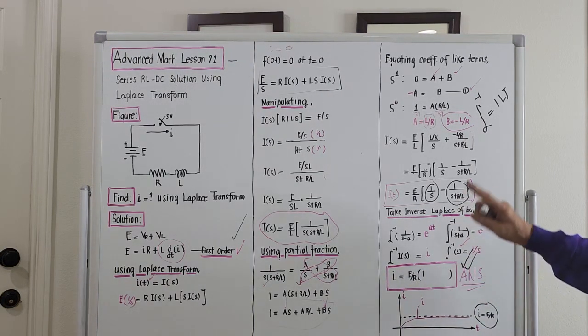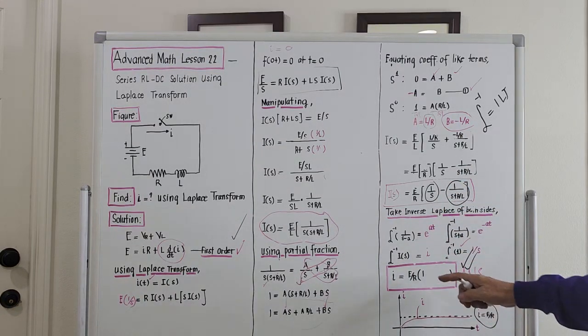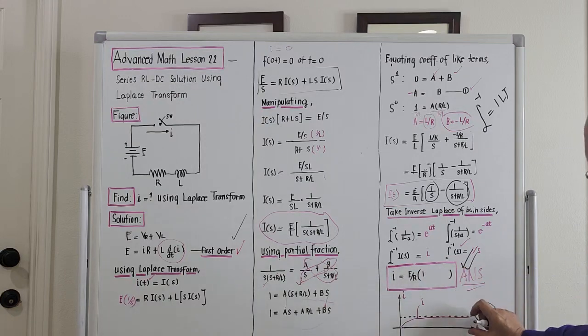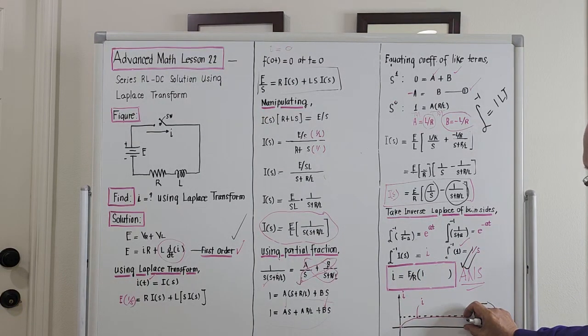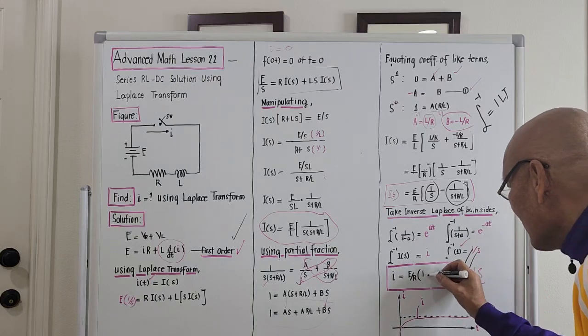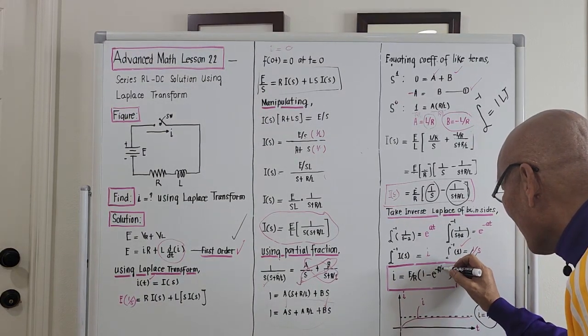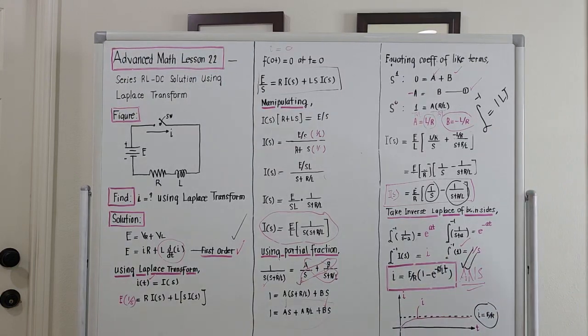So the current at time t for a long time already will simply be the ratio E over R. But initially, it comes from 0, then it rises up, approaching the value E over R. This is minus e raised to minus R over L times time.